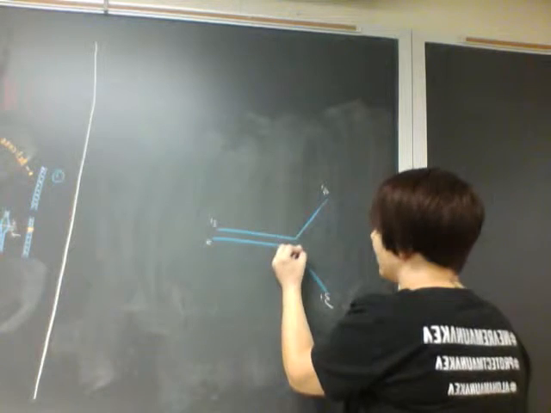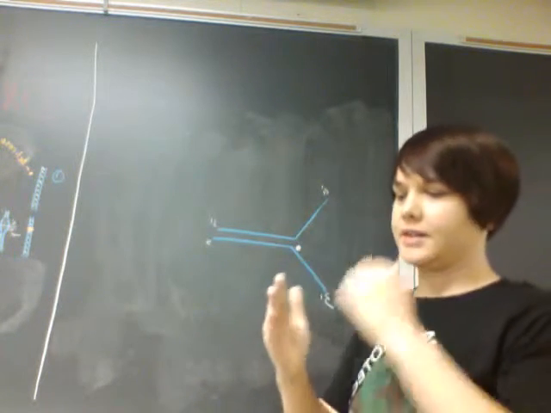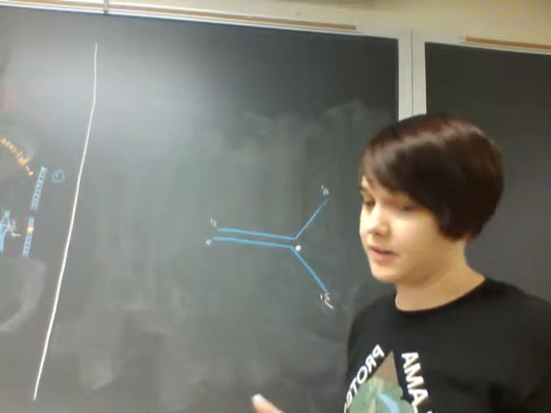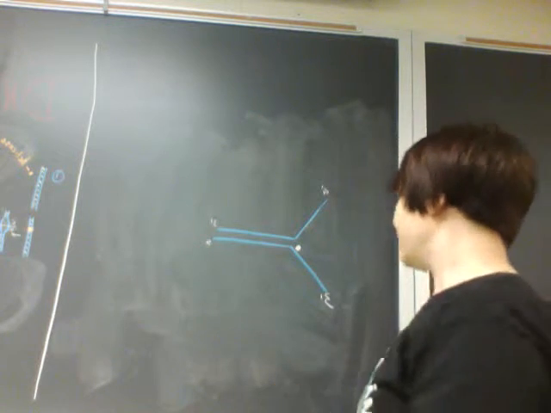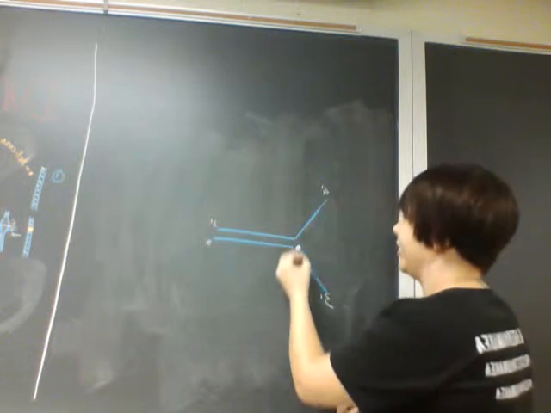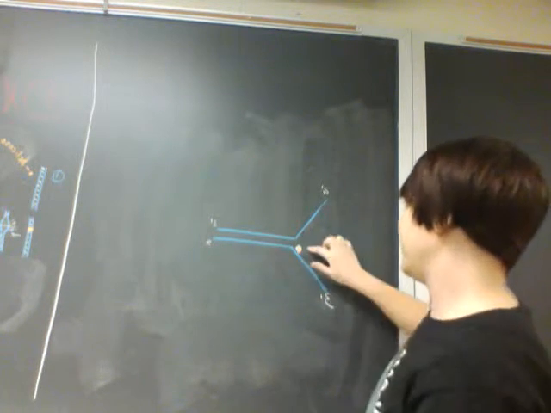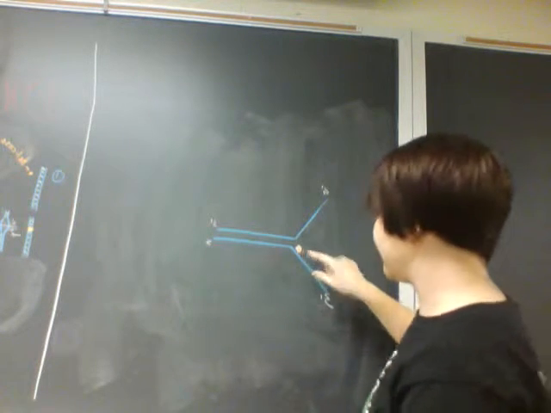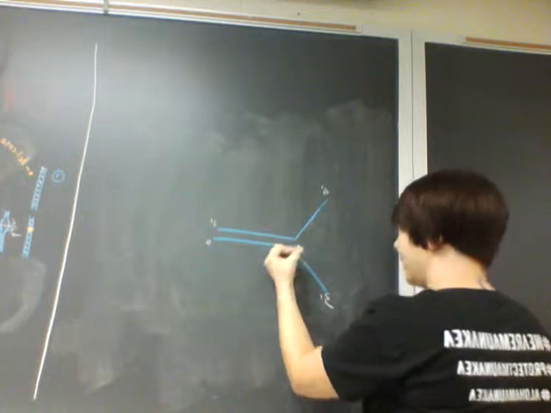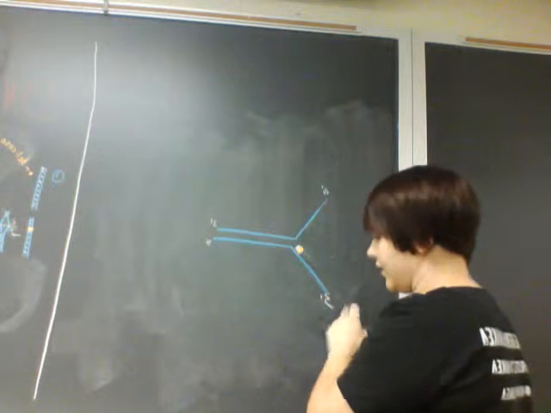So, our RNA primase is right here, and it initiates the adding of nucleotides. The nucleotides aren't being added yet, but it hollers out to DNA polymerase to come attach to it. So, here's your DNA polymerase attached to your RNA primase, and the DNA polymerase runs all the way down.